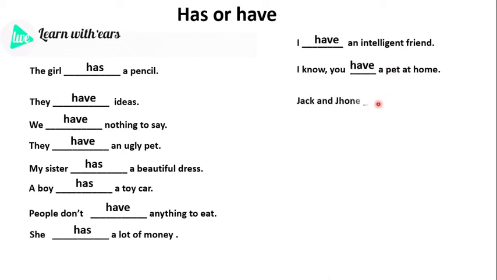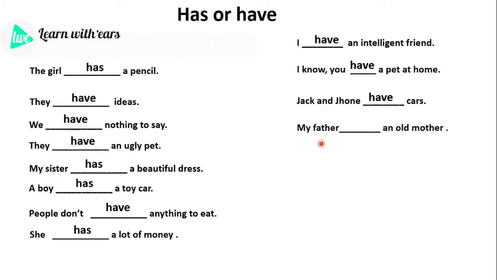Next sentence. Jack and John, cars. So here there are two people, Jack and John. Two people, plural. With plural we use have. Jack and John have cars. Next sentence is my father, an old mother.